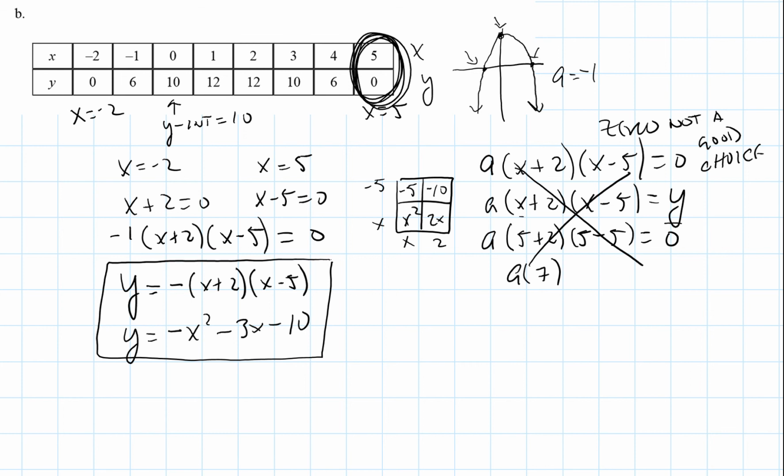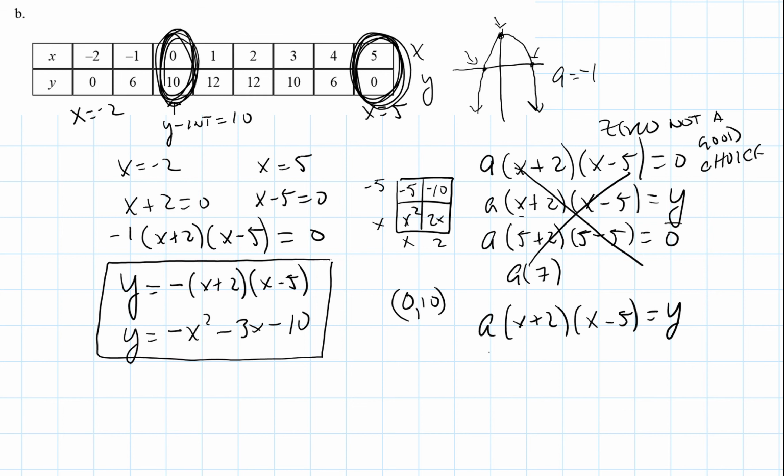So I'm going to pick the y-intercept. So the y-intercept should work. And so I'm plugging it into a times x plus 2, x minus 5 equals y. I'm going to use (0, 10) to find a.